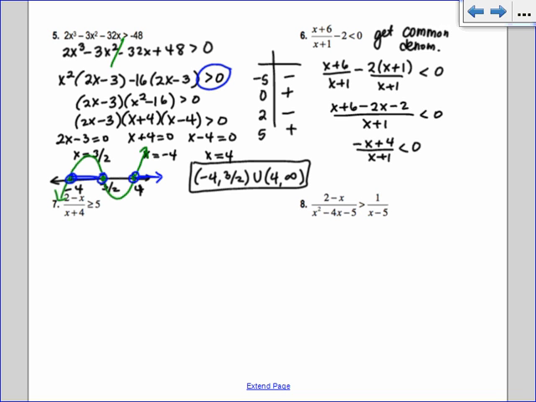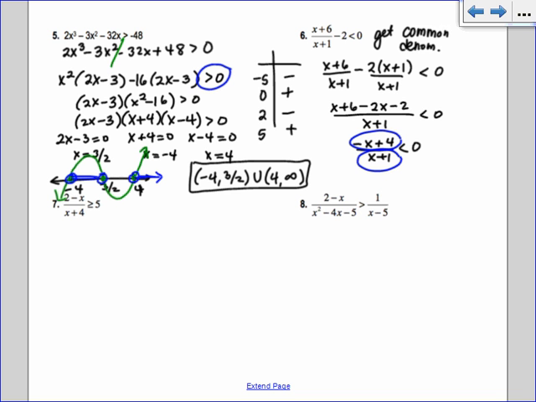When you have fractions, you actually have at least 2 critical values: critical values that come from the numerator and critical values that come from the denominator. So you set the numerator equal to 0 and the denominator equal to 0. Think about it: if I plug in x values less than -1, like -2, I'm dividing by a negative, so when I multiply that negative over, it flips my sign. But if I have x equals 3, it's not flipping my sign.